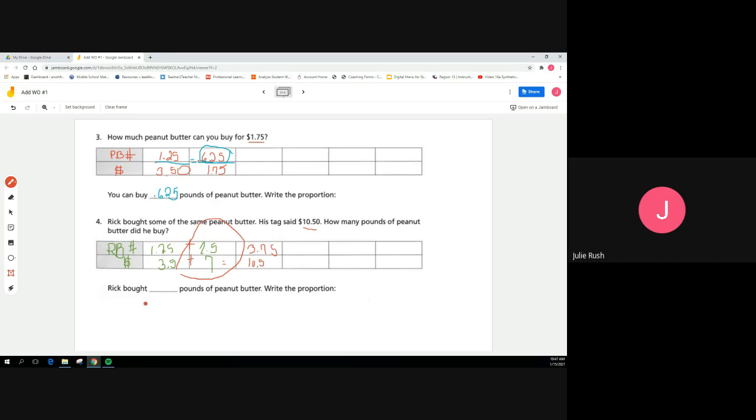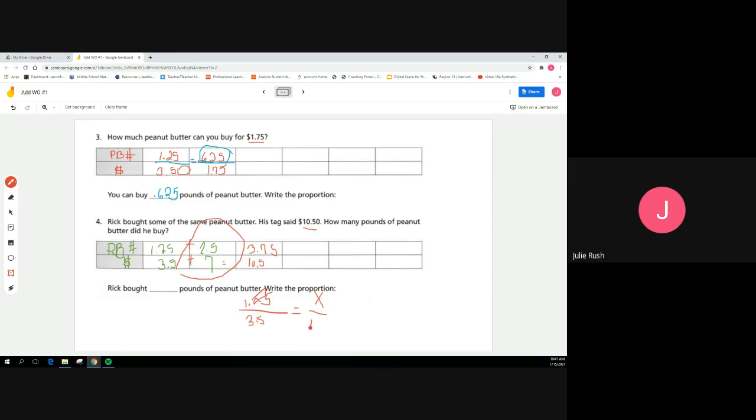So again, all I did was multiply by 2 and then add 2 numbers. Okay, so please keep that in mind, because had we set up a traditional proportion, which would have been 1.25 over 3.5, and then we would have set that equal to x over 10.5.